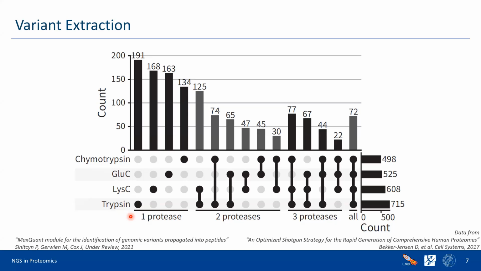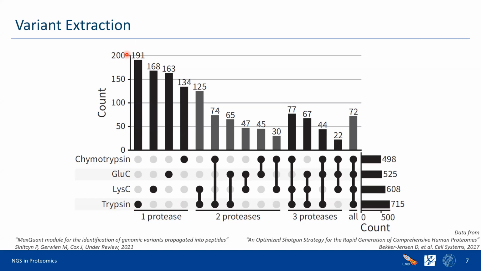We are getting a really deep proteome, but the question is how many mutations, how many variants which are non-synonymous we can find with different proteases. As you see, trypsin is still the leader. We see approximately 715 variants, not peptides, variants, which can be confirmed using proteomics, with LysC 608, etc. But how many variants are uniquely identified thanks to trypsin?